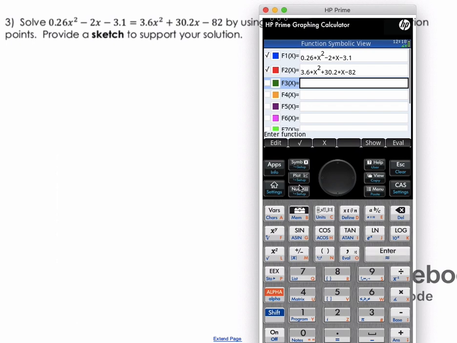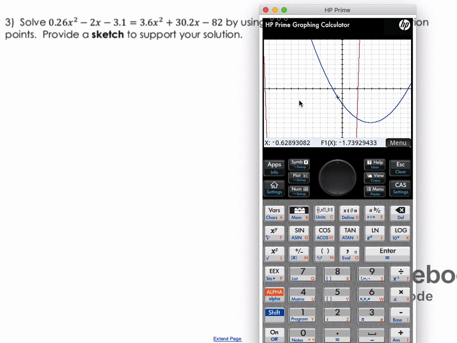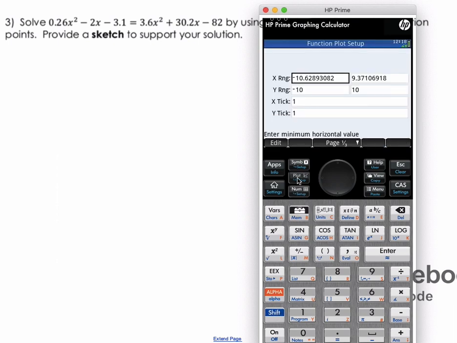Let's see if I can see the graph. You can see a point of intersection right here, but you can't see the other one because it's way off the screen. So we have to change our plot setup here. So remember, before I did negative 20, I think, for this. And I'll keep 10 here. Let's go down to negative 200 and up to 50.